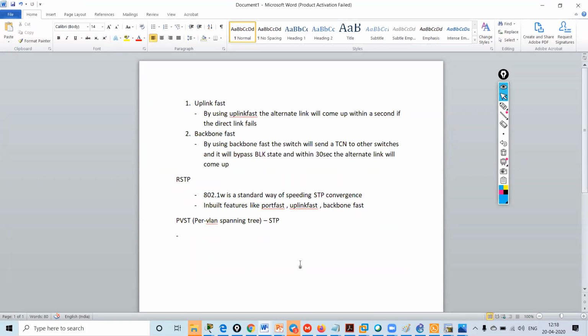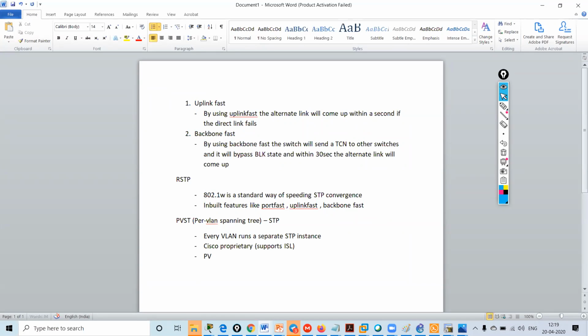PVST means every VLAN runs a separate STP instance. It is Cisco proprietary, and it only supports ISL.